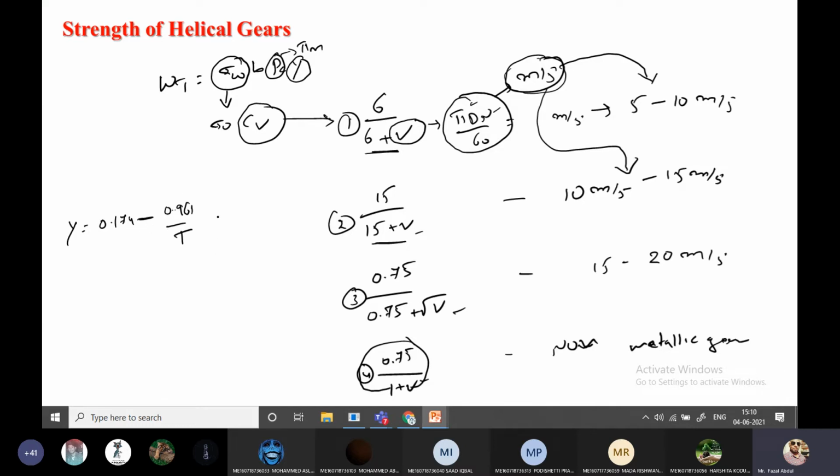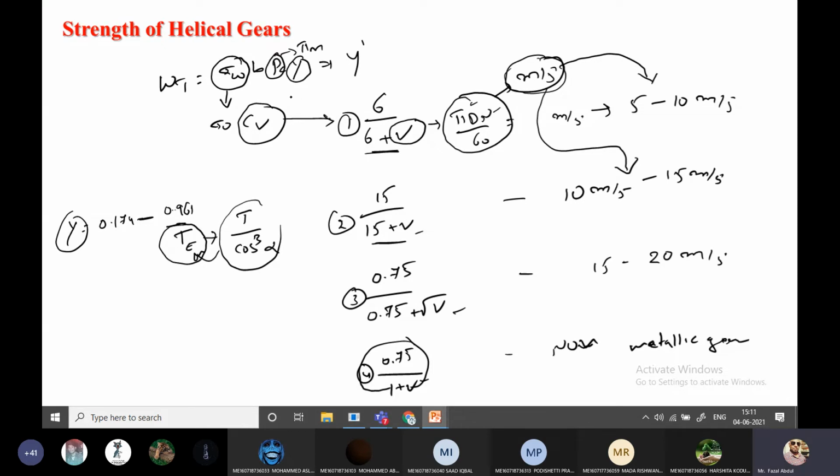Instead of capital T, I write capital T suffix E. What is TE? Just now we discussed the equivalent number of teeth on a helical gear: T by cos cube alpha. Whatever answer you get, substitute here and you get the Lewis form factor. Since there is a slight modification, I use the notation Y dash for the helical gear.